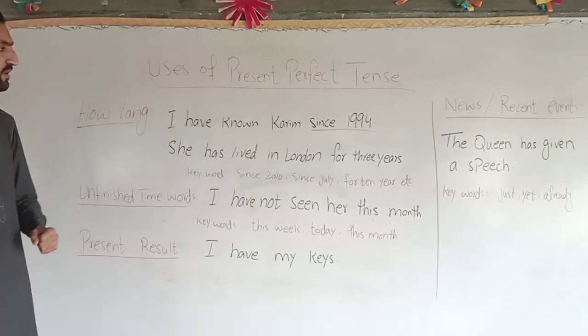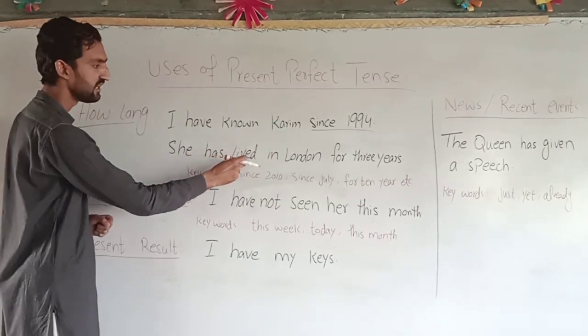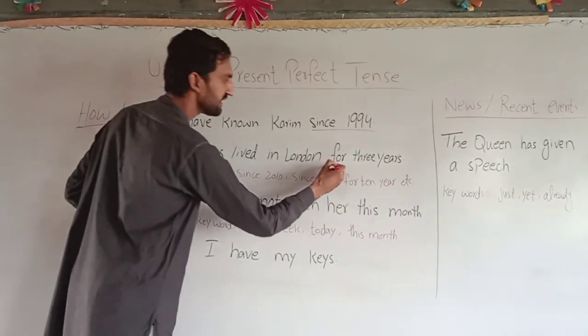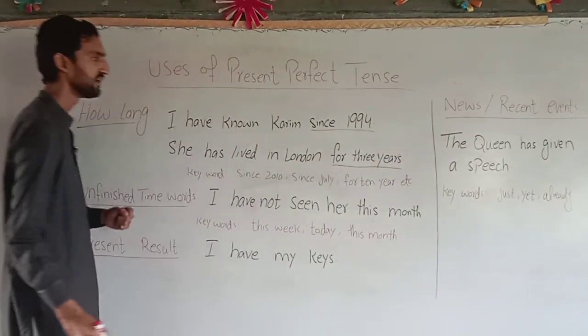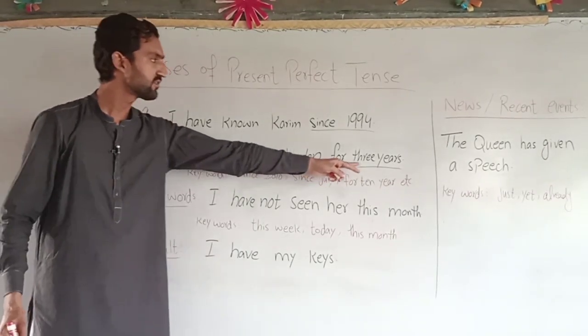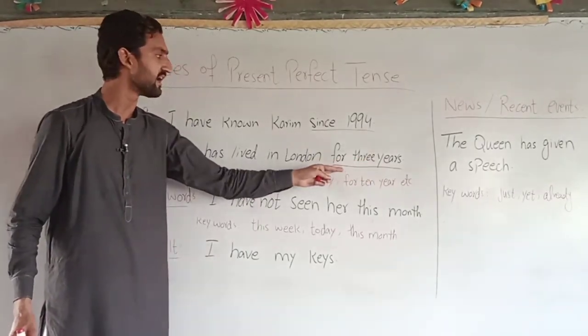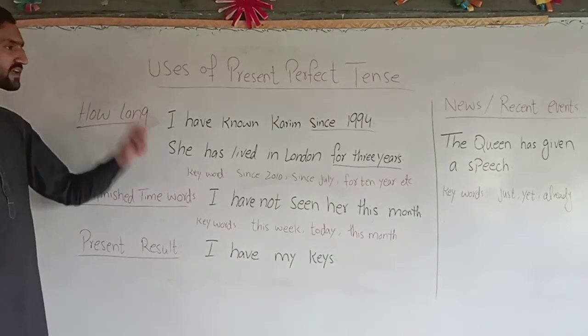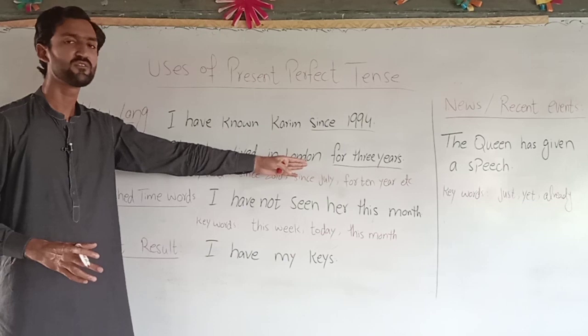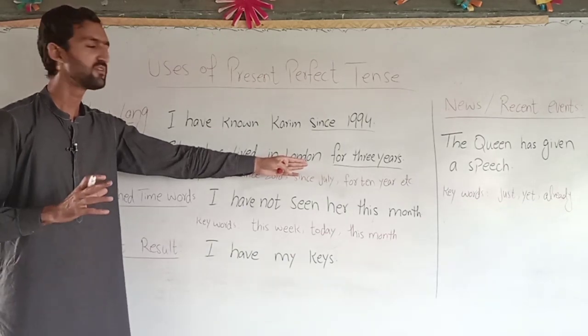In the next example, we see that she has lived in London for 3 years. So here also see that for 3 years. This is the connection between a girl who lives in London and for 3 years. So this indicates how long the time span is that she has spent in this place, and that place is London.